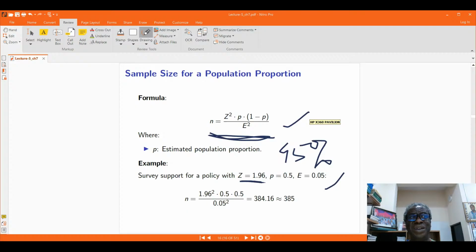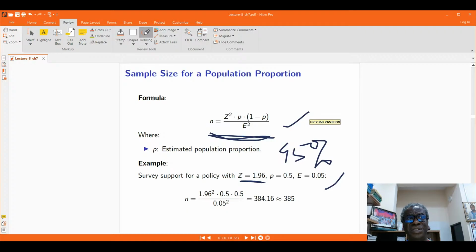So we now know the formula for determining sample size, for mean and also for proportion. And we also now know those factors that can influence the sample size that you choose.